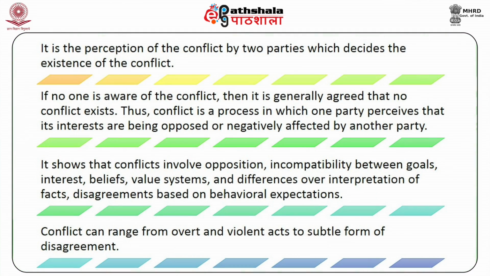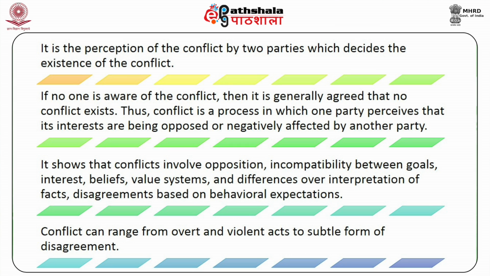It is the perception of the conflict by two parties which decides the existence of the conflict. If no one is aware of the conflict, then it is generally agreed that no conflict exists. Thus, conflict is a process in which one party perceives that its interests are being opposed or negatively affected by another party.